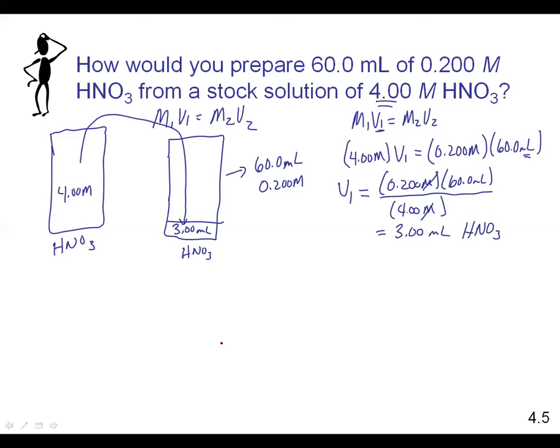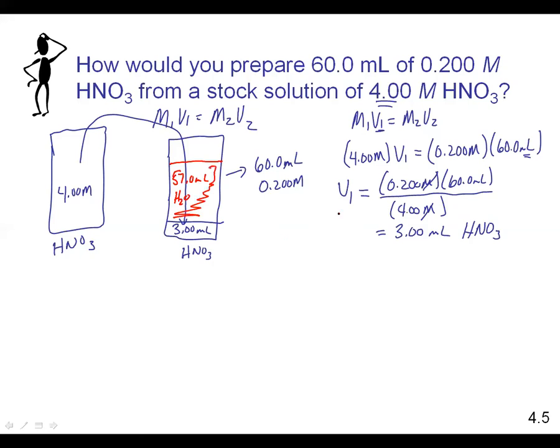The answer is I would not put 60 milliliters of water in it, because if I put 60 milliliters of water plus the 3 milliliters of nitric acid I already put in there, my total volume would be 63 milliliters. So what I would want to put in here is 57 milliliters of water.